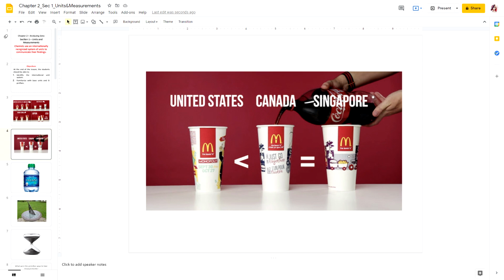So, still, it seems that these three countries are using different standards when it comes to the amount of the soft drinks that they put in those cups, although they would look the same. But well, the symbols less than and equal would mean that they are not following exactly the same standard.